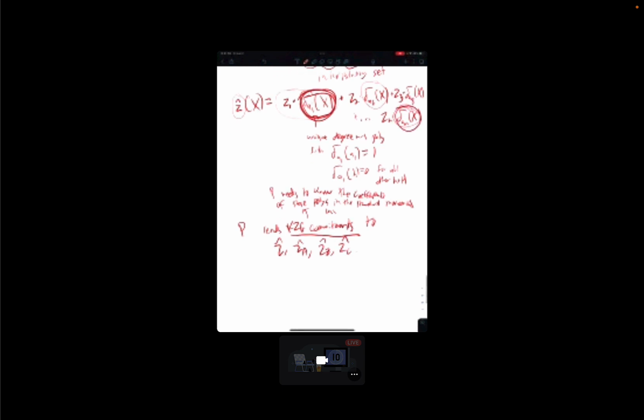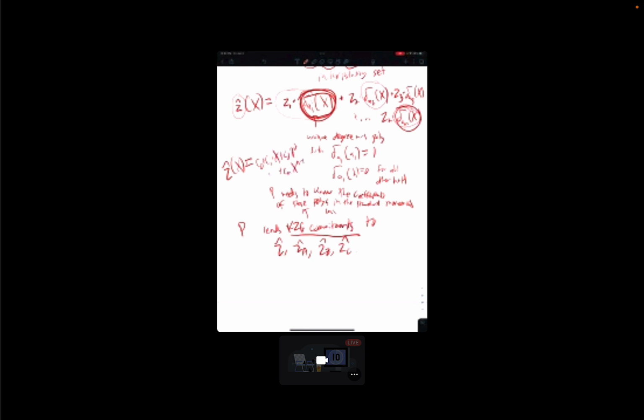But for KZG commitments, the SRS is powers of tau, and that requires the prover to know the coefficients. If you write z hat as c0 plus c1 times x plus c2 times x squared, that's what I mean by the standard monomial basis, and that's what the prover needs to know to apply the KZG commitment scheme.